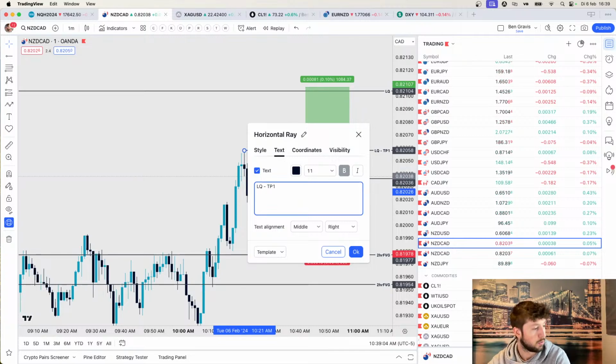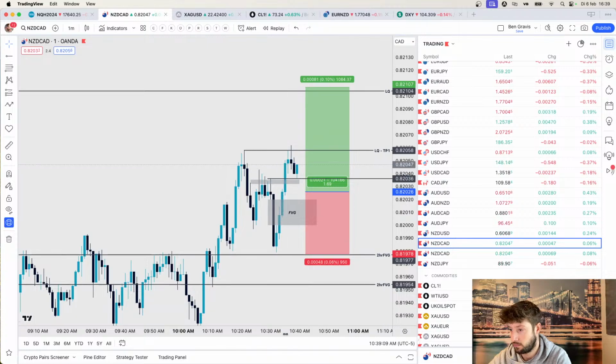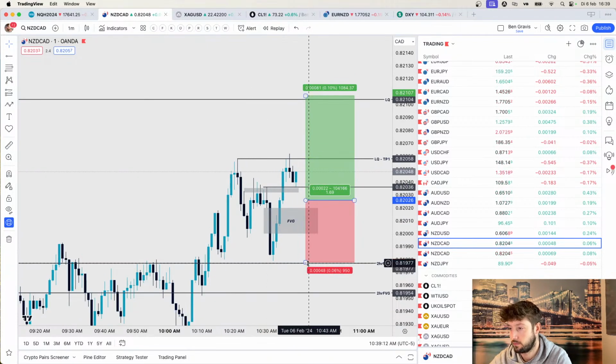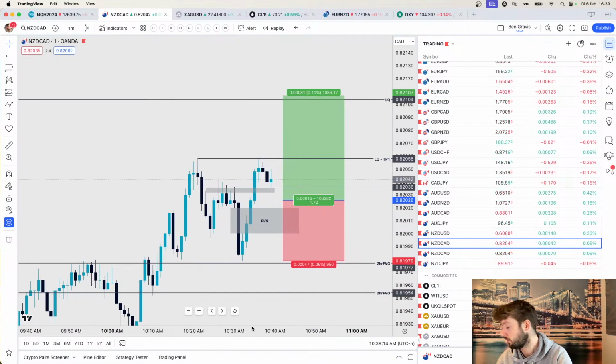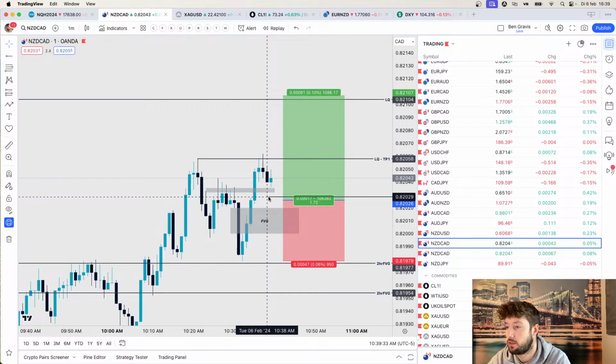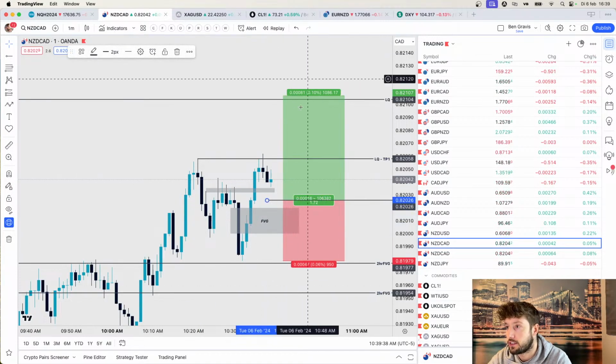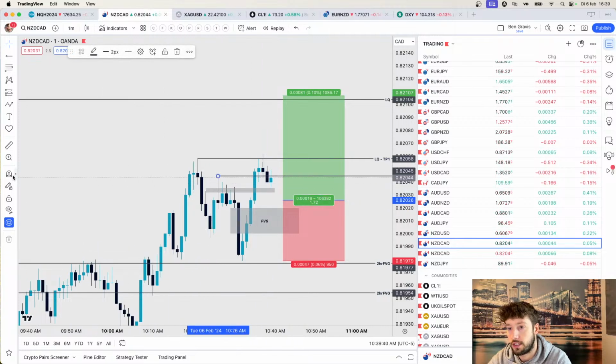We see why this is TP1. So if you're in this trade, right now you should be having your stop around here, around your entry. Sometimes it will take you out and then still go, but that's just how I trade this.